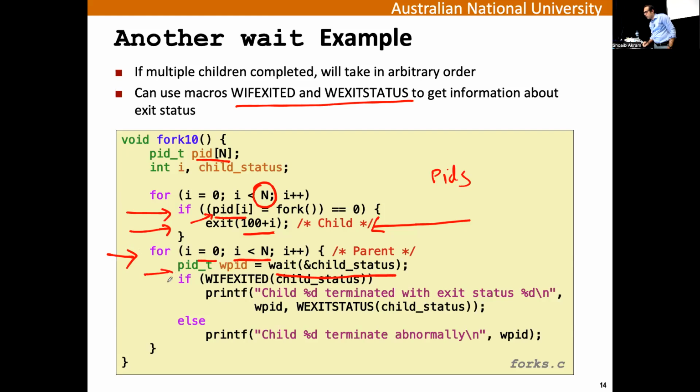Each call to wait returns after one child process has terminated. All right, so for each child you want to reap, you want to call wait exactly once. One call to wait will not reap all the children. So here we have a for loop, i is less than n, and we reap all the children.